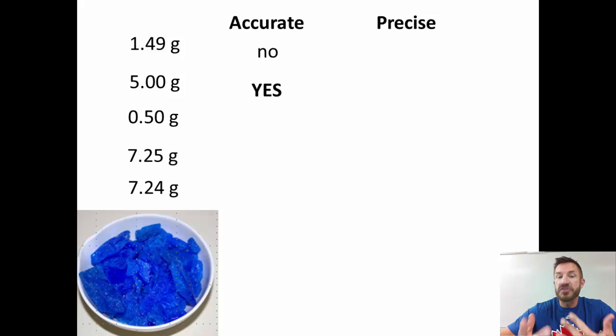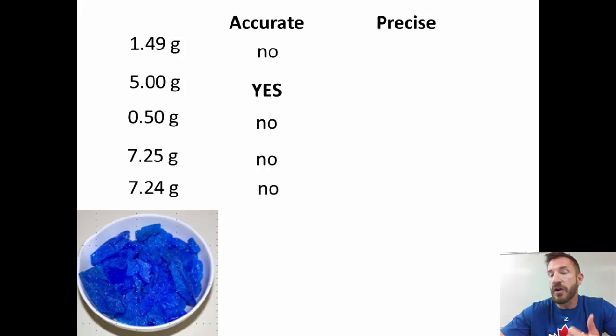The third measurement, for some reason, they were off by a decimal point, so that one is once again not accurate. Now, the last two measurements were a little bit high. I think what happened in those two measurements is they forgot to subtract the mass of the evaporating dish in which the copper sulfate is placed. So both of those are not accurate because we don't have a mass of 5.00 grams.